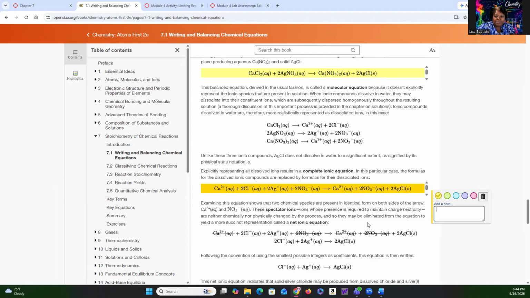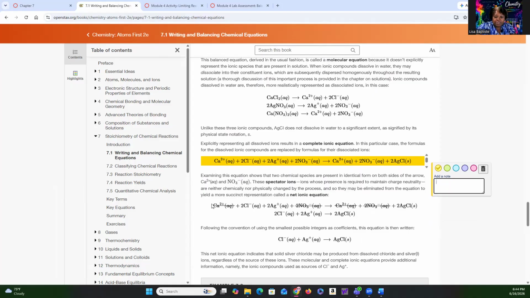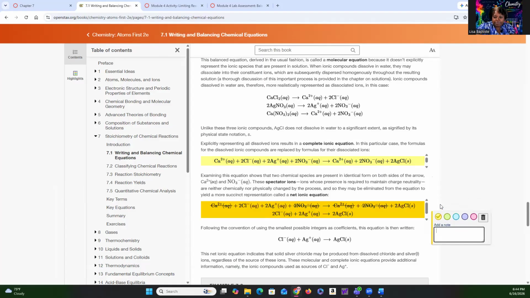Now we want to do the net ionic equation. To do that, we have to get rid of what we call spectator ions, okay? If we think about spectators, if you're at a sporting event, the spectators are those people sitting on the sidelines.